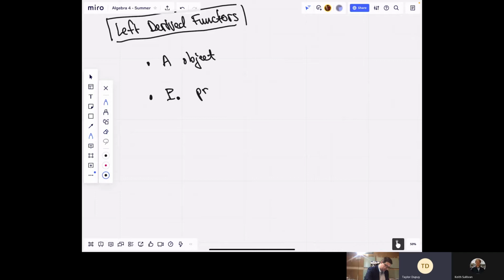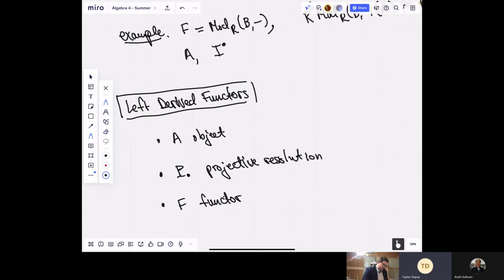So this is a projective resolution, and then we're going to take F to be a functor.